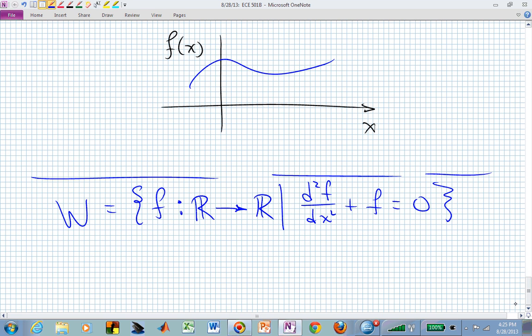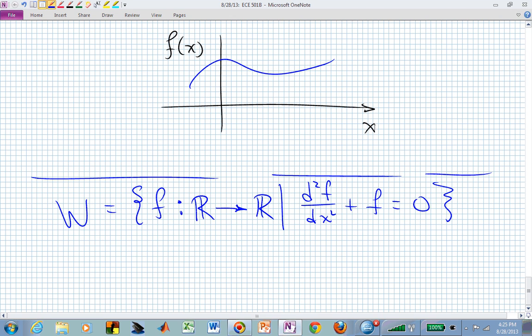And that defines this vector space. Now you're looking at all of these functions that satisfy this governing differential equation. And now you have another vector space.